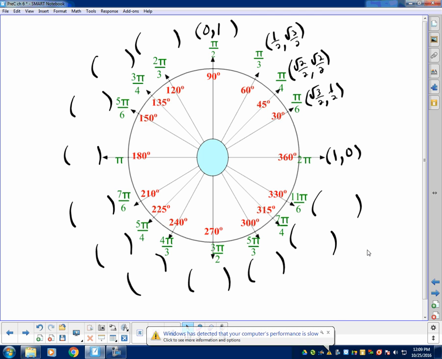Over here, we're farther up than we are out, so the x-coordinate is going to be the smaller of the two in absolute value. So it's going to be negative 1/2, comma, positive root 3 over 2. This one's going to be negative root 2 over 2, comma, root 2 over 2. This one's going to be negative root 3 over 2, comma, 1/2. And then here's negative 1, comma, 0.